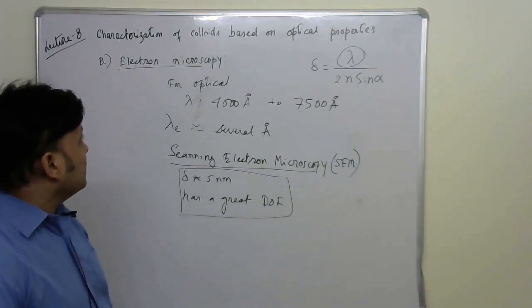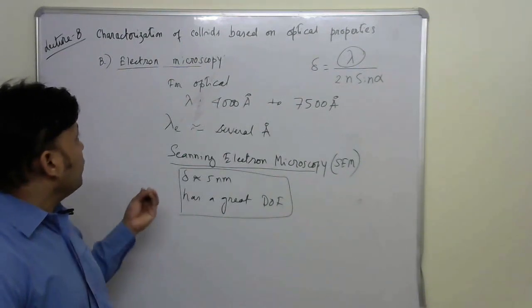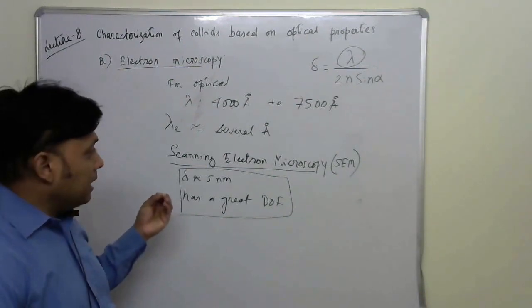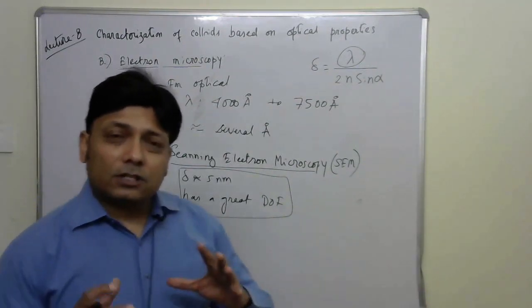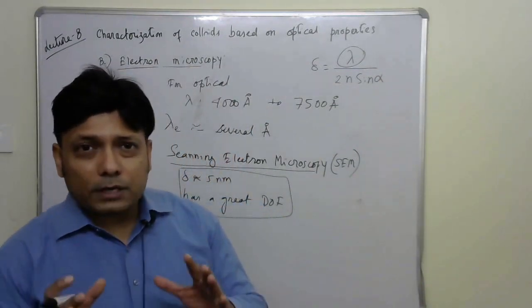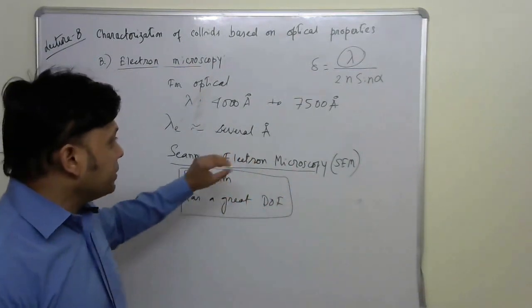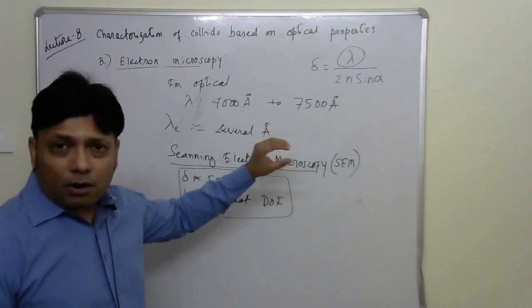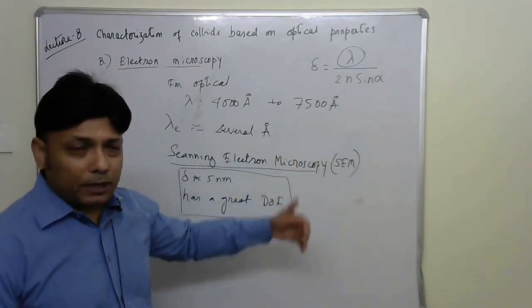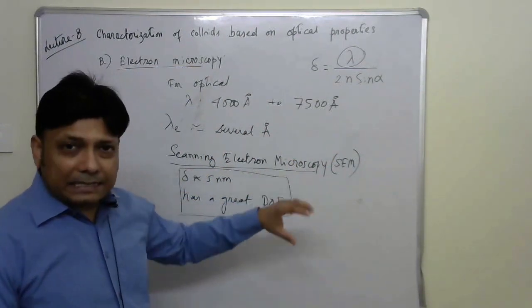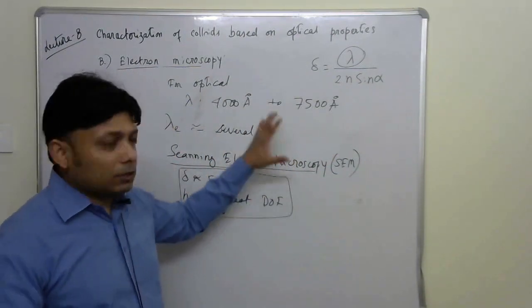But there is one little disadvantage of electron microscopy: you cannot characterize a colloidal sol as is, because colloidal sol means some colloidal particles in air or in liquid medium, right? So you cannot just take this and study it with SEM and TEM microscopy.